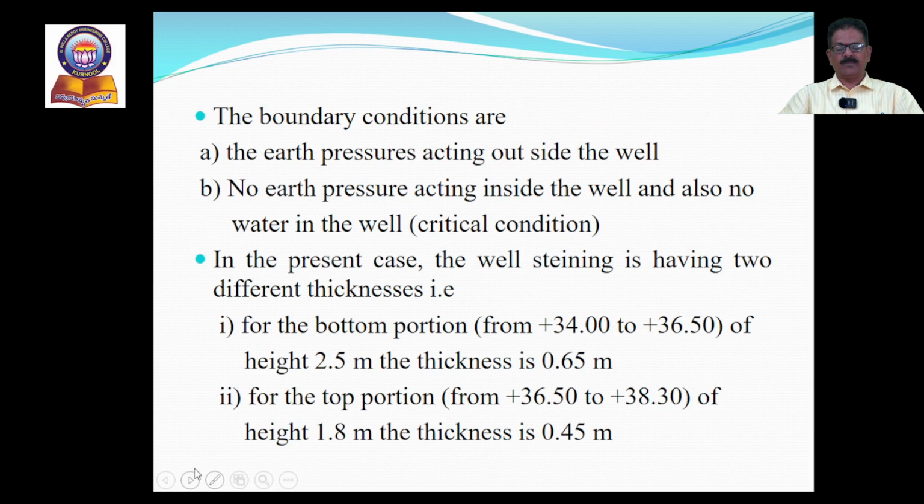We have to evaluate these two constants from the boundary conditions. Let us consider one by one. The first case: the well steining has two different thicknesses, as we already know. One is 65 centimeters, that is 0.65 meters, in the bottom portion, and 45 centimeters, that is 0.45 meters, at the top portion. For the bottom portion, from 34 meters level to 36.5 meters, a height of 2.5 meters, the thickness is assumed as 0.65 meters.